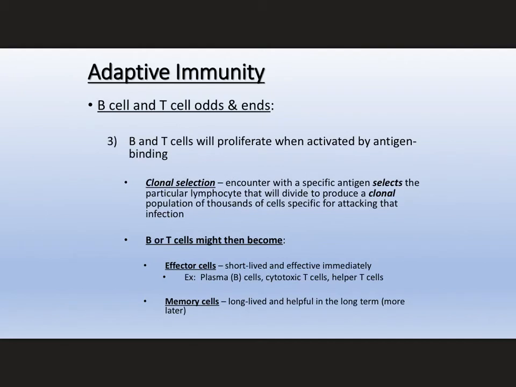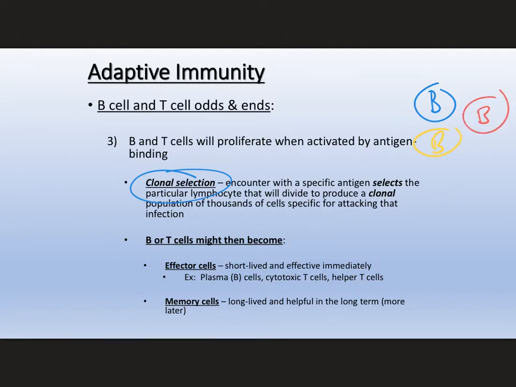The other thing, a term that we might have to know, I'm really not sure, is clonal selection. Clonal selection basically means that you've got all these different types of B cells. So I'm going to use a couple of different colors here and draw these B cells.